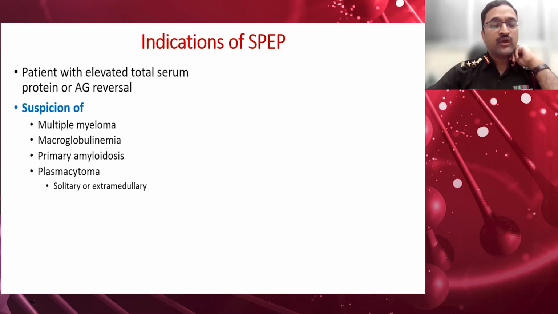Second, where you have a suspicion for any of the plasma cell dyscrasias as labeled here, they are the indications for protein electrophoresis.